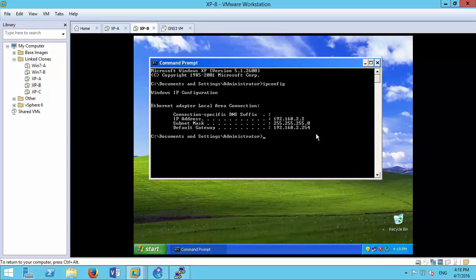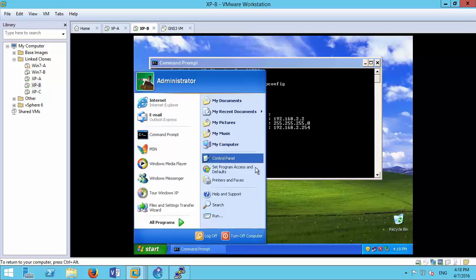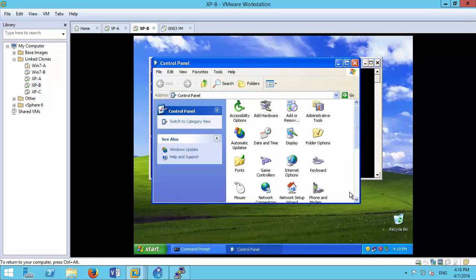But before configuring our router interfaces with the IP addresses, let's see if we can ping from XPA to XPP. But first, ensure that the Windows firewall on both machines allows ICMP traffic, or switch it off.